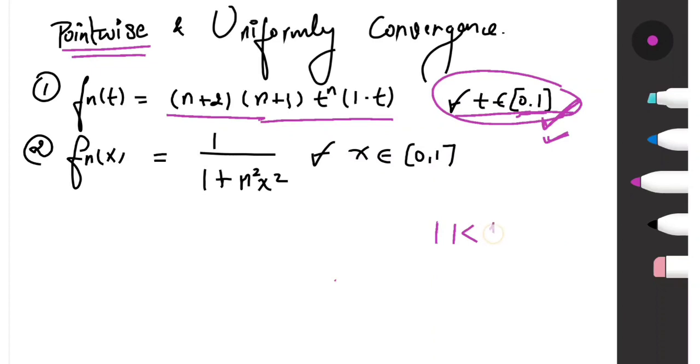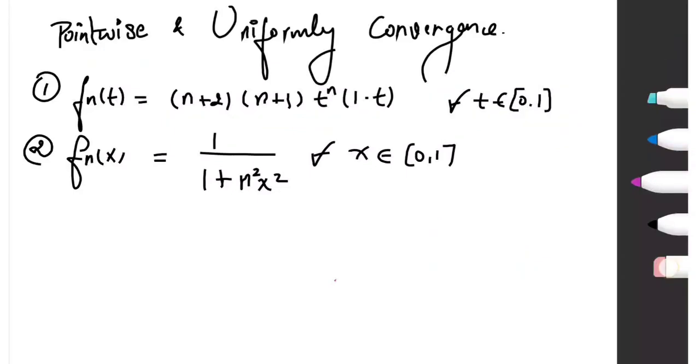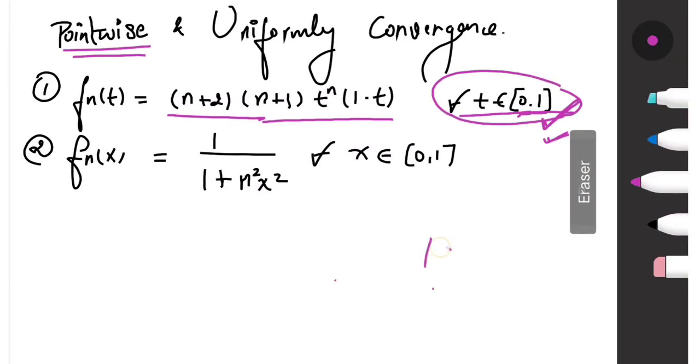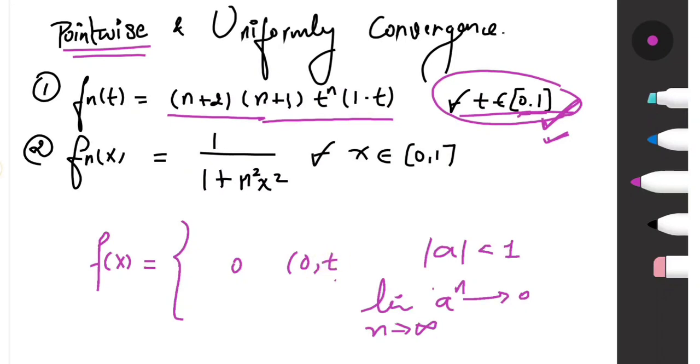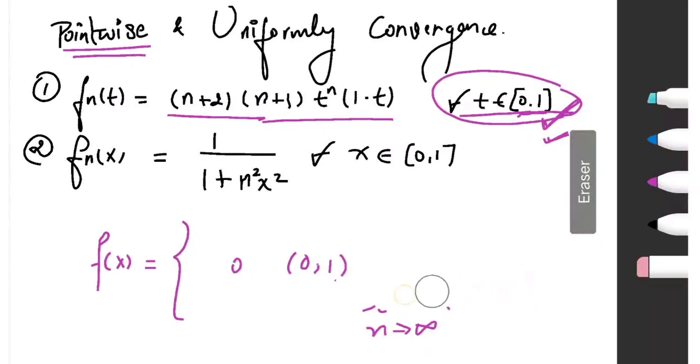When the magnitude of a is less than 1, a to the power n, where n is approaching infinity, will approach 0. So our f will be 0 for the points between 0 and 1. Let's check for 1.